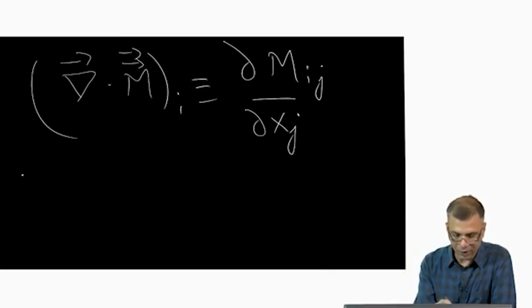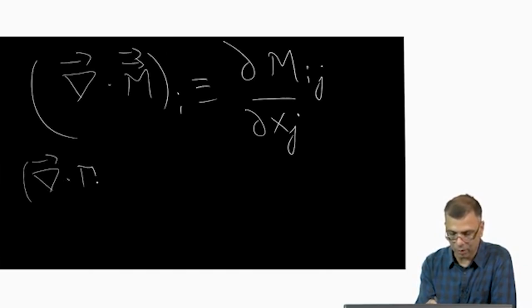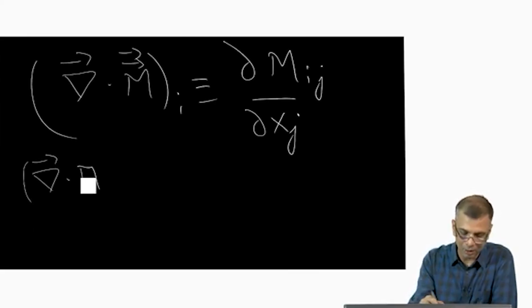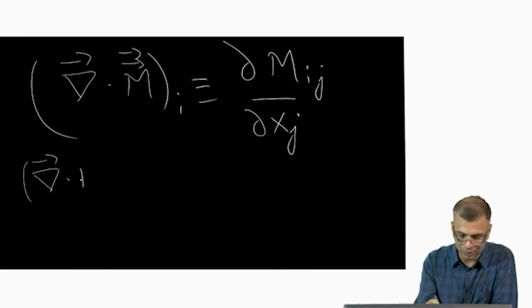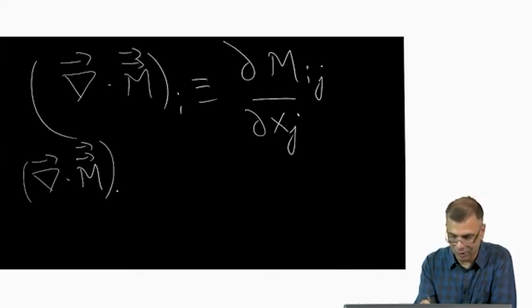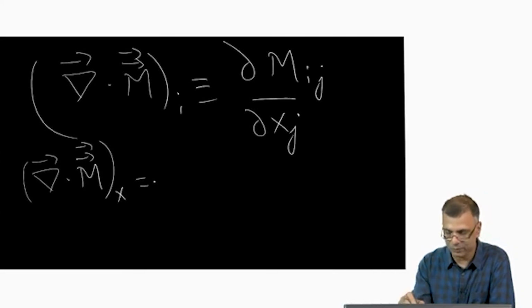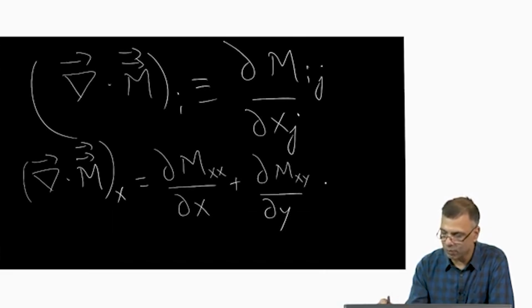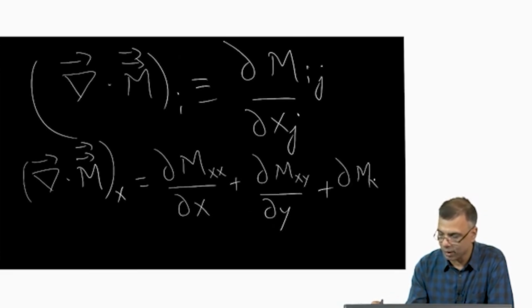So, therefore, say the x component would be dm xx dx plus dm xy dy plus dm xz dz.